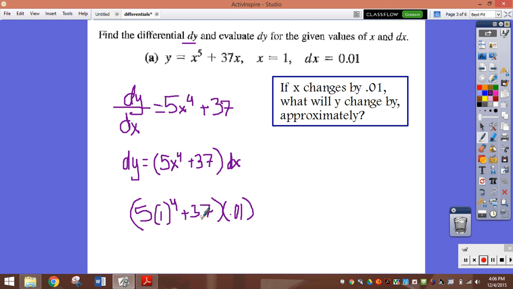And then 5 plus 37 is 42. And so 42 times 0.01 would be 0.42. And so if x changed by 0.01, I'm approximating that y would change by 0.42. And so that's how you use differentials to approximate values.